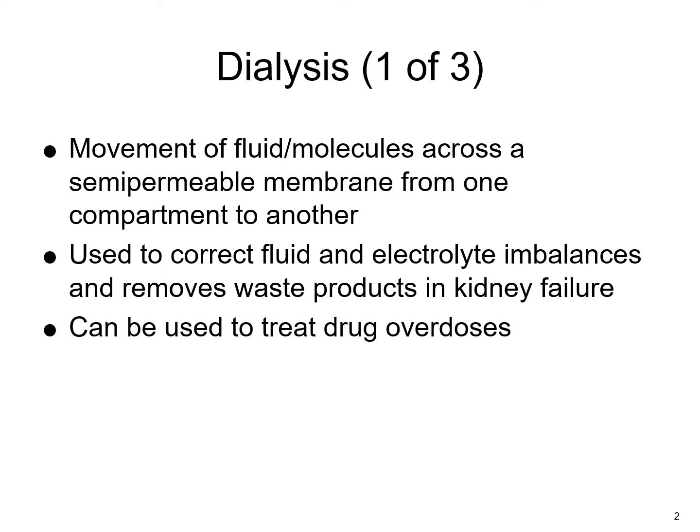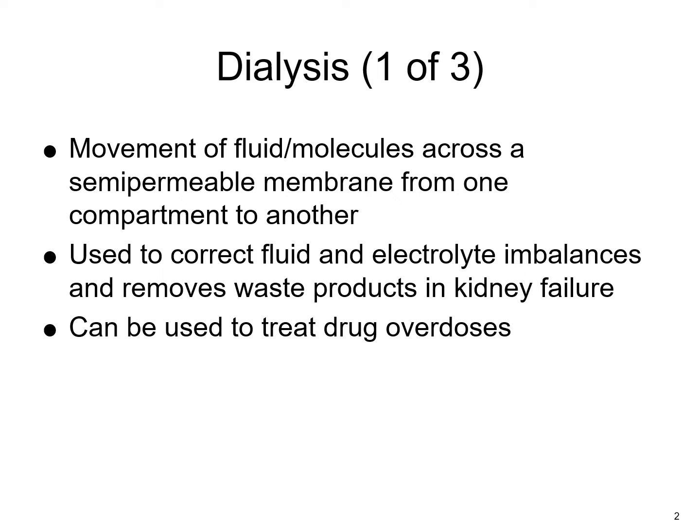Okay, so with dialysis, all we're doing is moving fluid and molecules across a semi-permeable membrane from one compartment to another. So once a patient is getting dialyzed, it means that we are doing this in order to correct fluid and electrolyte imbalances and basically remove waste products, right? Because the kidneys are no longer working for us.